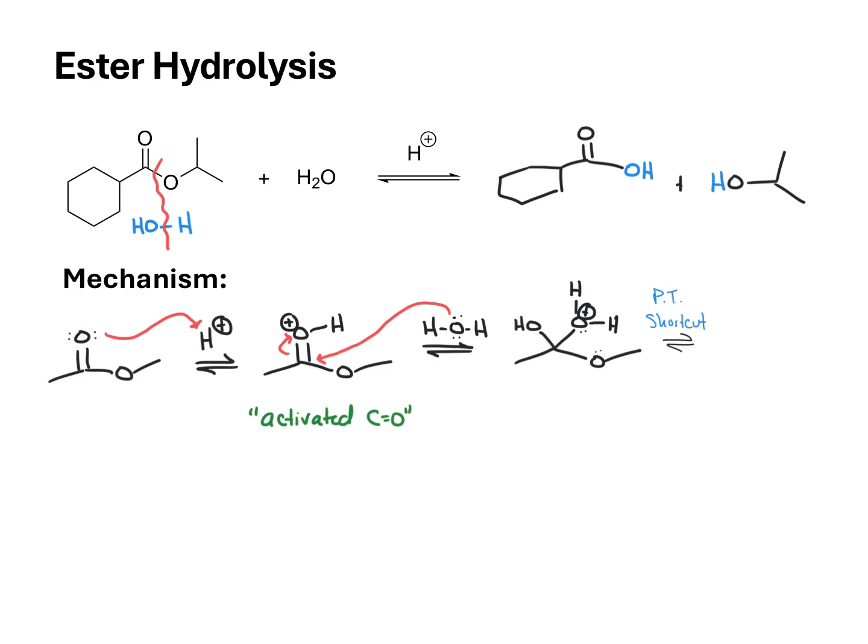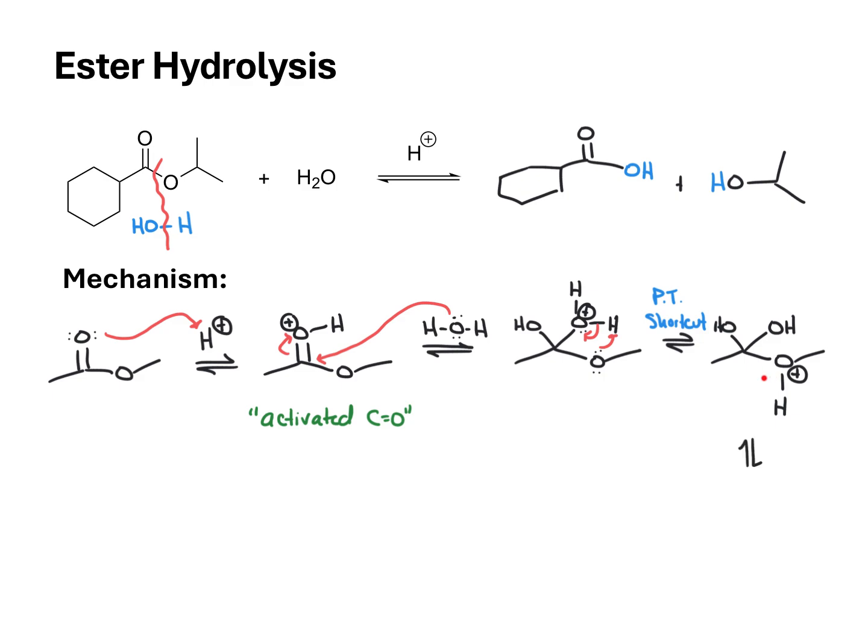And we'll use the lone pair on this oxygen and grab that proton. So now this ether oxygen has 3 bonds and a positive charge. Right, that makes it a good leaving group, so it's going to leave in the next step.